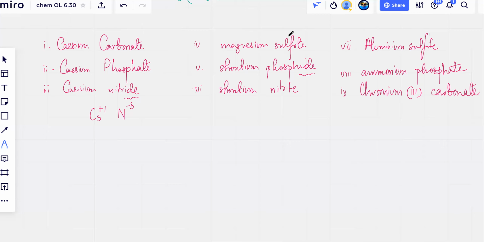I sent it to you, sir. Just 1 second, let me check. ठीक है, strontium phosphide looks good. Magnesium sulfate looks right as well. I said the only problem was I didn't give you magnesium sulfate, I gave you magnesium sulfite, but sulfate is fine. ठीक है.